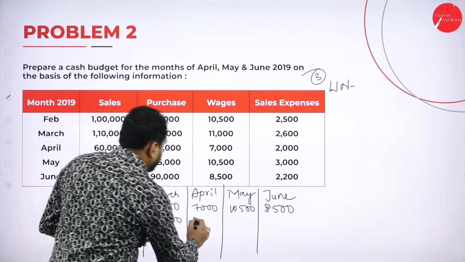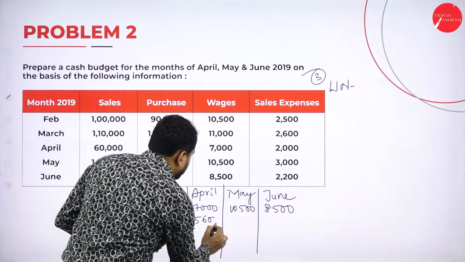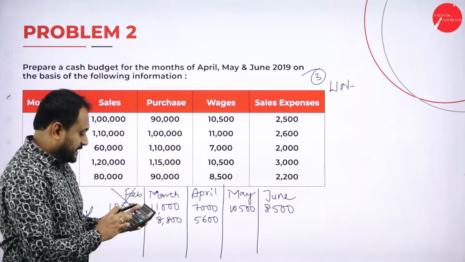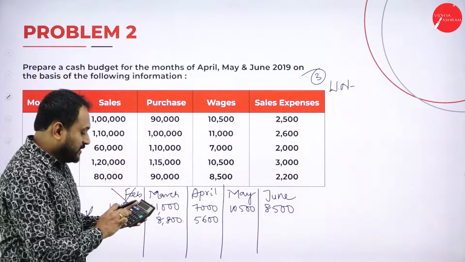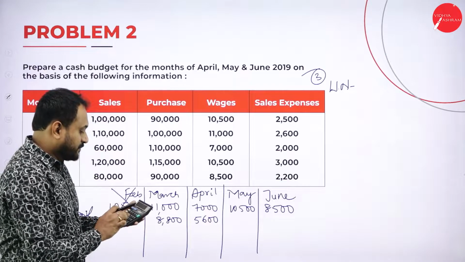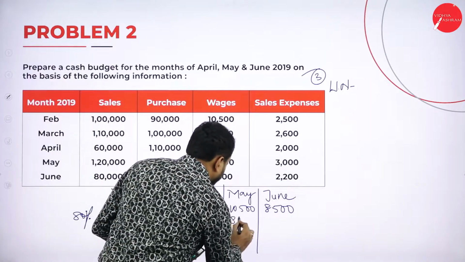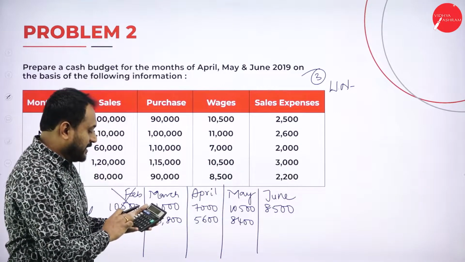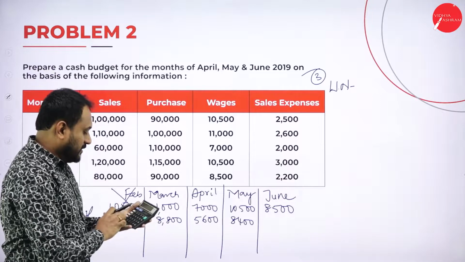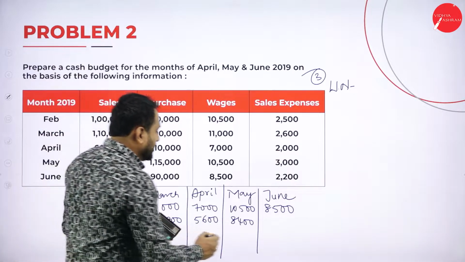That is 5,600. Next, May we have, May is 10,500 into 80%. 8,400. Then June is 8,500 into 80%. That is 6,800.